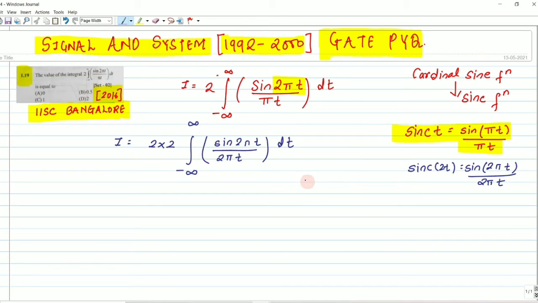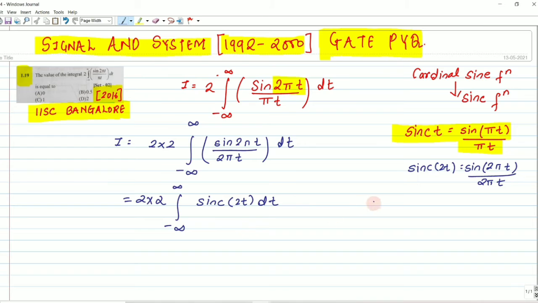We can replace sin(2 pi t) upon 2 pi t with sinc 2t. So we can write 2 into 2 from the integration minus infinity to infinity, in place of sin(2 pi t) divided by 2 pi t, we replace sinc 2t, multiplied with dt. We have used this property: sinc 2t equals sin(2 pi t) whole divided by 2 pi t.